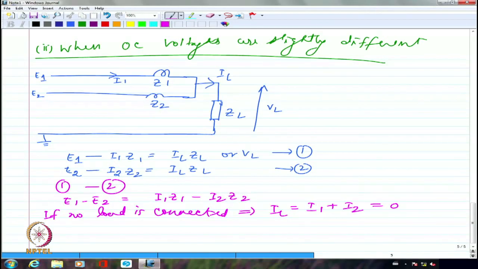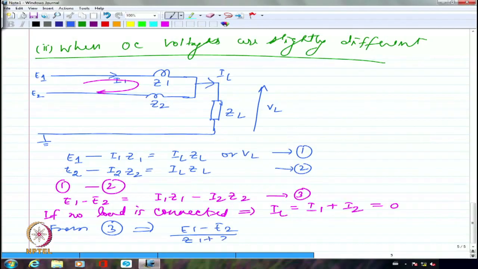It cannot be, because I am going to have essentially a circulating current going like this, whether I like it or not. Right? And that circulating current clearly is going to be from this expression. I can say from 3, I can write E1 minus E2 divided by Z1 plus Z2 is equal to I1 or minus I2. This is the circulating current.